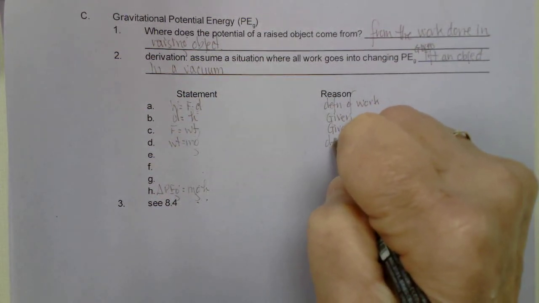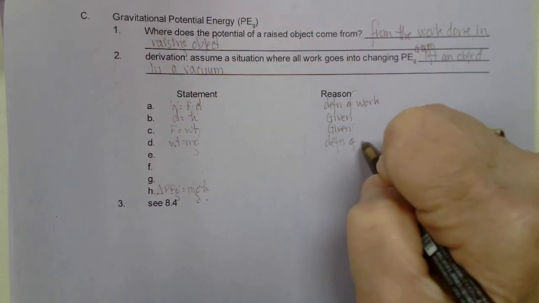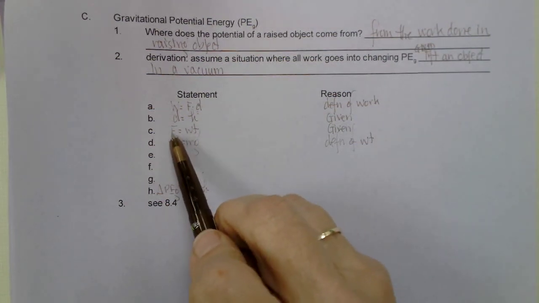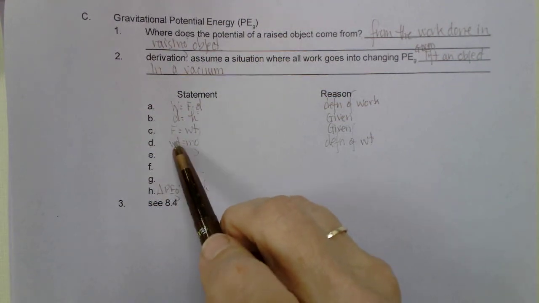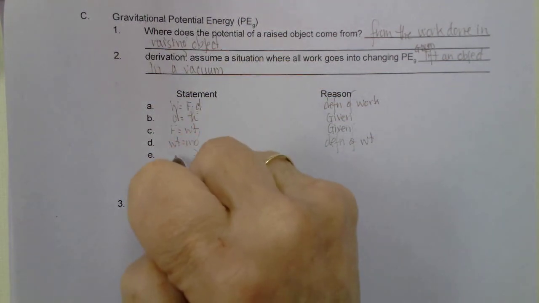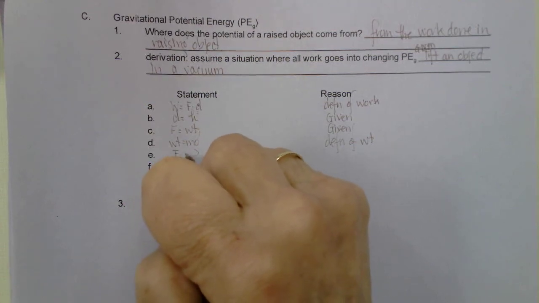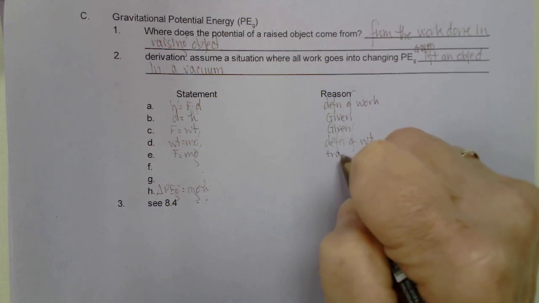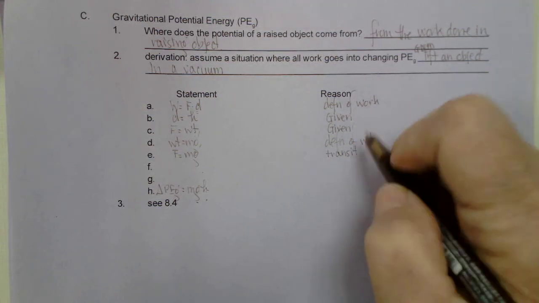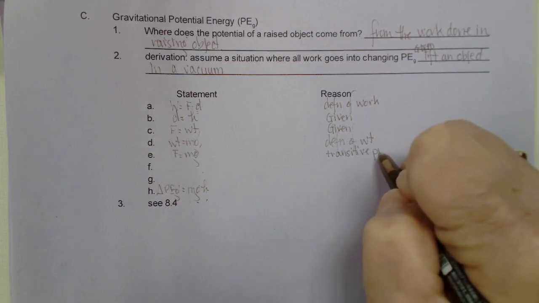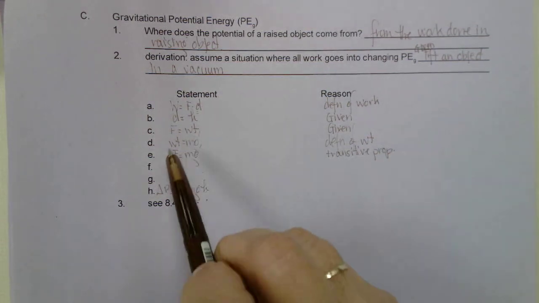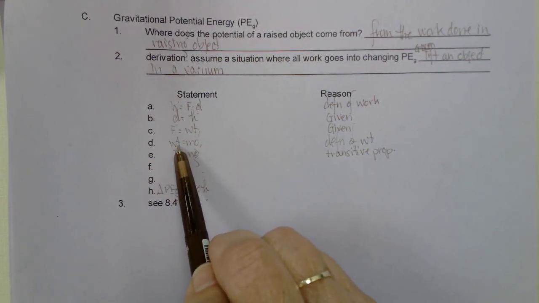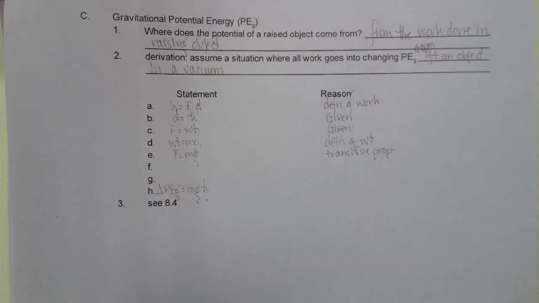That is the definition of weight. So now I have F is equal to weight, weight is equal to mg, so I can say now that actually my force is equal to mg, and that's the transitive property. A is equal to B, B is equal to C, therefore A is equal to C, transitive property.